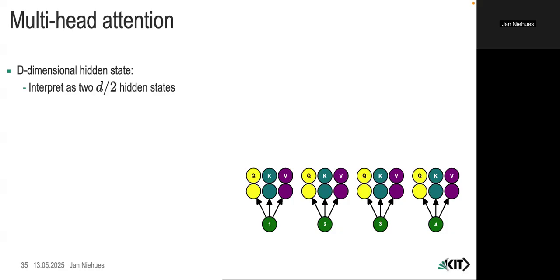The first half is the one vector, and the second half is the other vector. So instead of interpreting your Q value as one hidden state, you model it as 2 hidden states, one of dimension d/2 and the other also of dimension d/2.